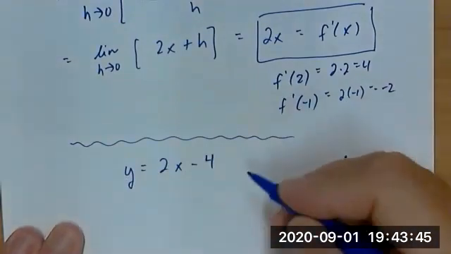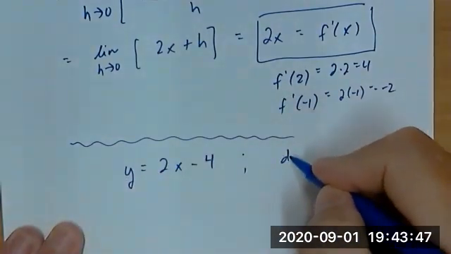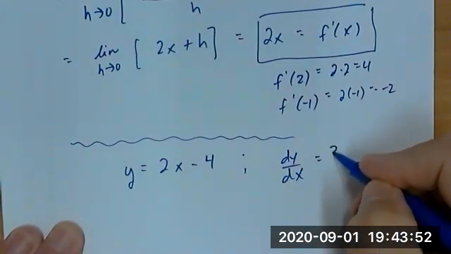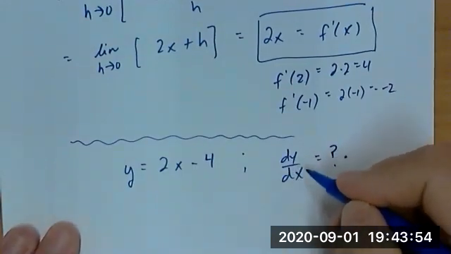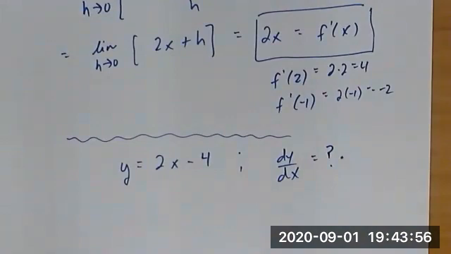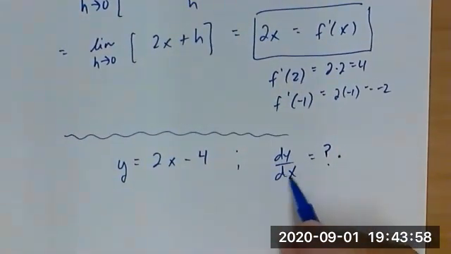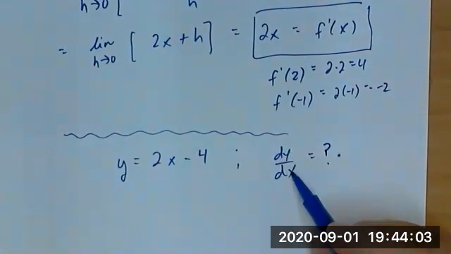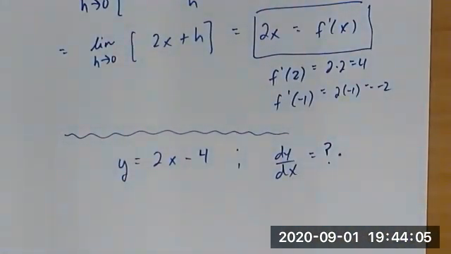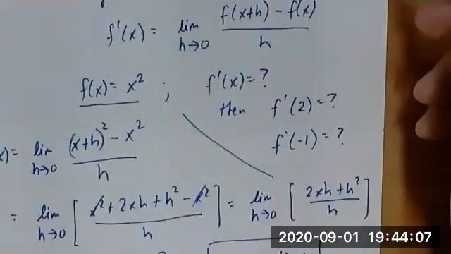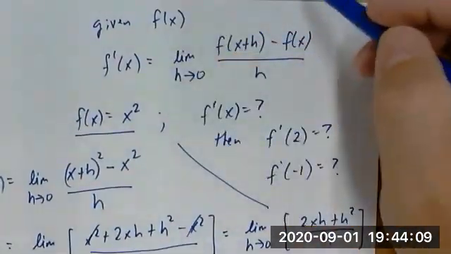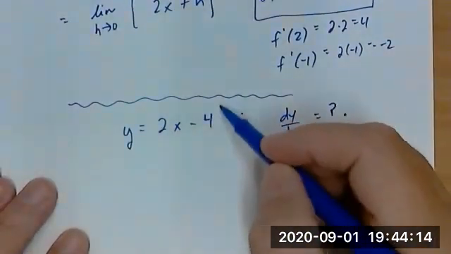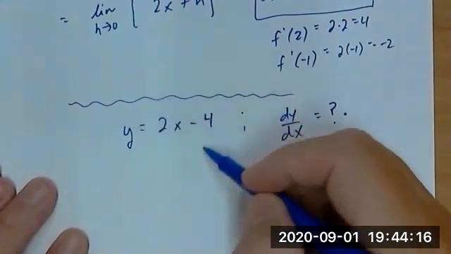Now, since it's y and x, if they want the derivative, a lot of times you'll see it written with this dy dx notation, right? This means derivative. A lot of times we say the derivative of y with respect to x. So once again, I'm going to use this formula up here for my derivative. So in a sense, this is sort of like my function, right?